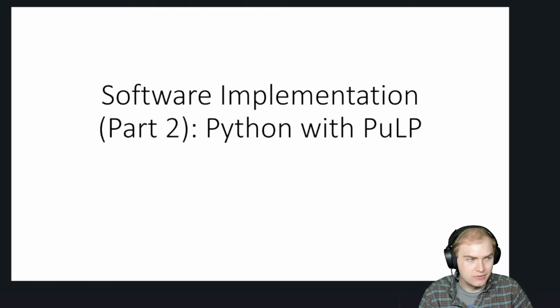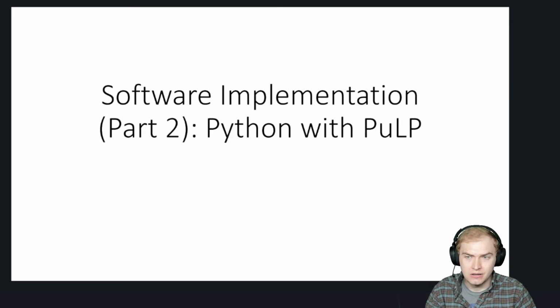What we're going to be using is PuLP, which will let us write models in Python and solve them in Python. This is not the most powerful solver, but it is a popular one that does not require a license to use. The two flagship solvers are Cplex and Gurobi.